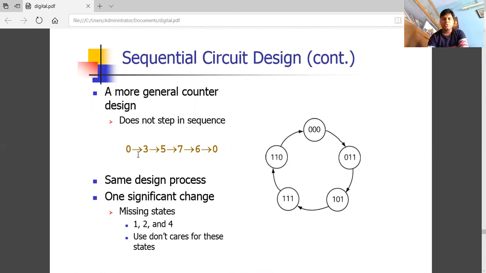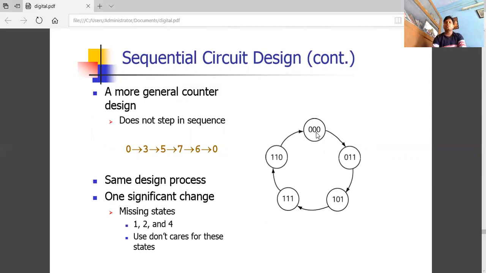Here we have the steps 0 to 3, 3 to 5, 5 to 7, 7 to 6, 6 to 0. It means the counting goes from 0 to 3, after 3 comes 5, after 5 comes 7, after 7 comes 6, and after 6 comes 0. So 0 is 000, goes to 3 which is 011, then 5 which is 101, then 7 which is 111, then 7 goes to 6 which is 110, and 6 goes again to 0.